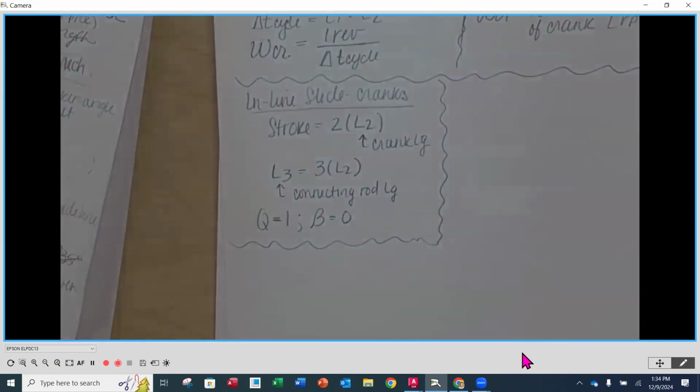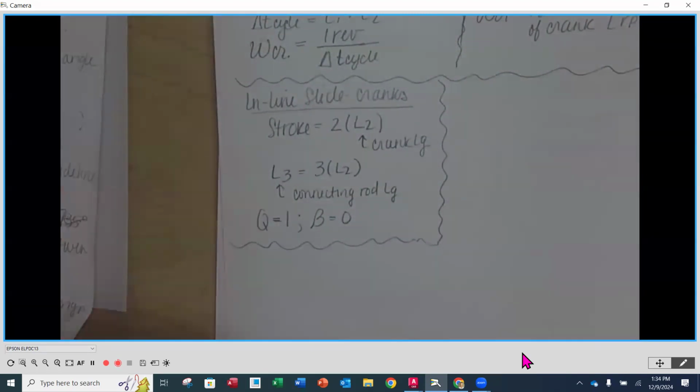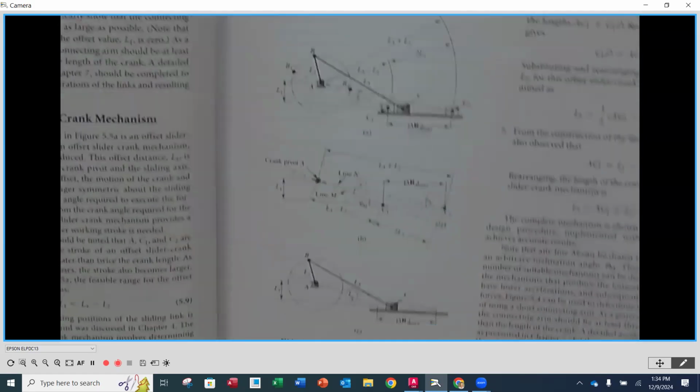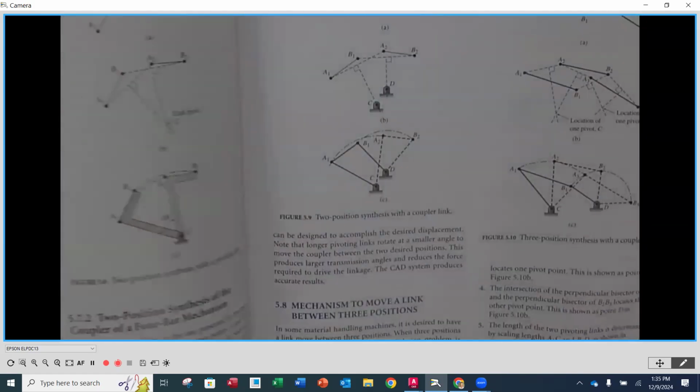So what I want to do is look at an example of how we would go through the design process for an inline slider crank. We're going to go to the end here and look at problem 511.